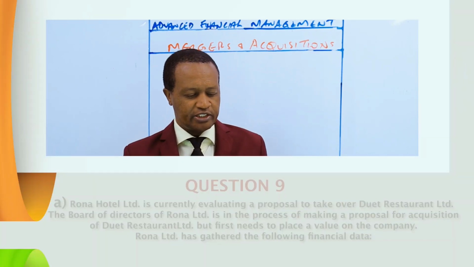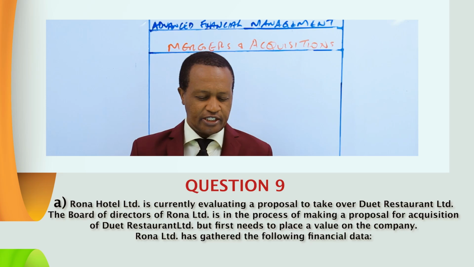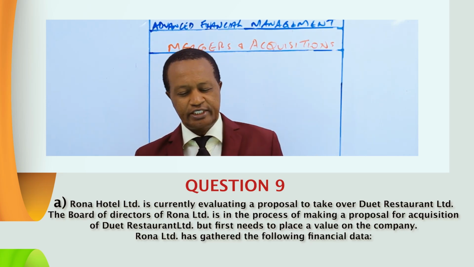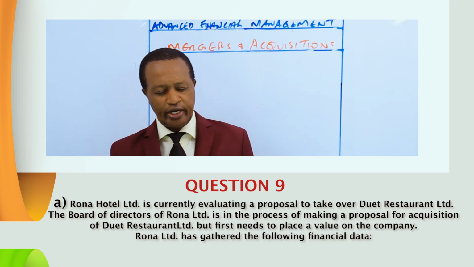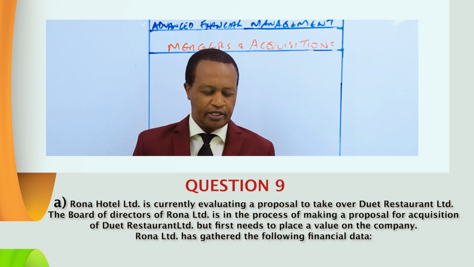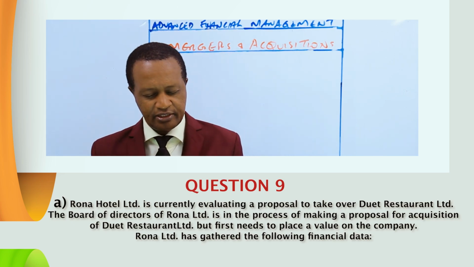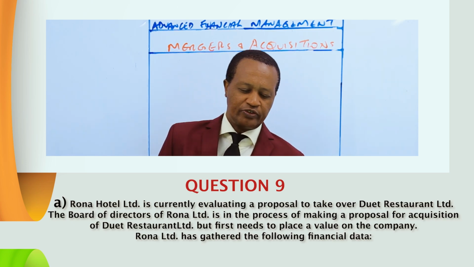We read that Rona Hotel Limited is currently evaluating a proposal to take over Duet Restaurant. So Duet is the target and Rona is the acquirer. We are given information on Rona Hotel Limited. That is the weighted average cost of capital, the PE ratio, and the shareholders' required rate of return.